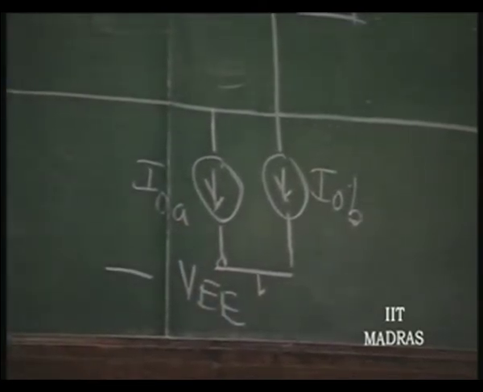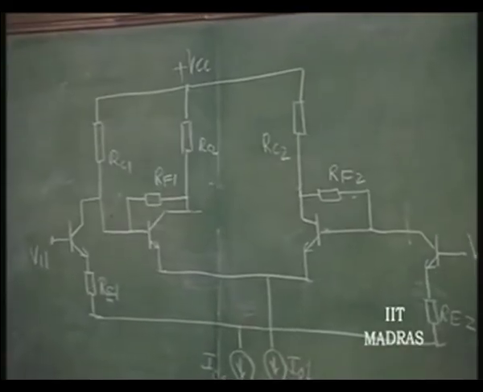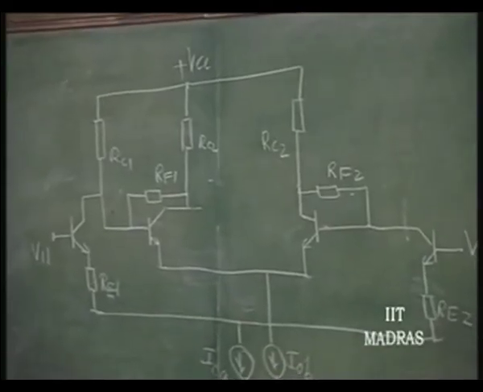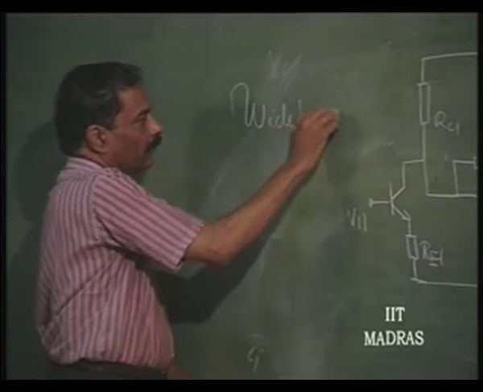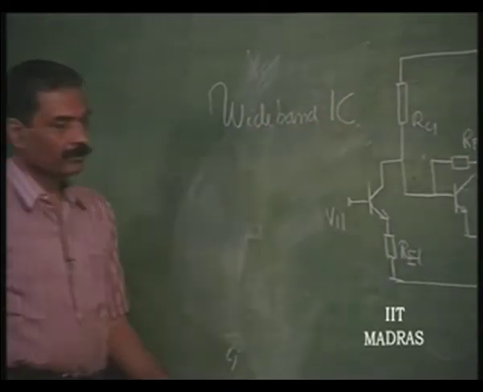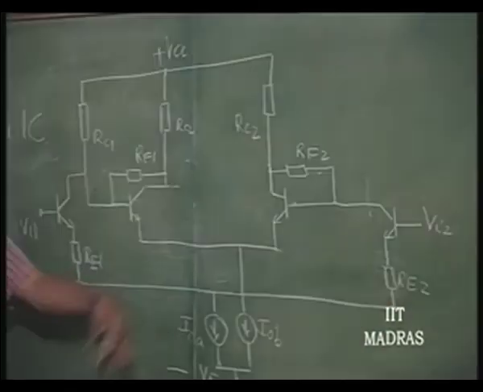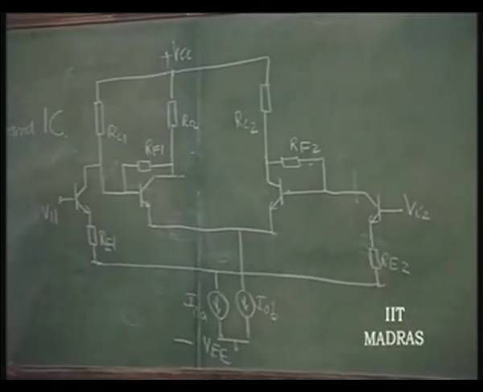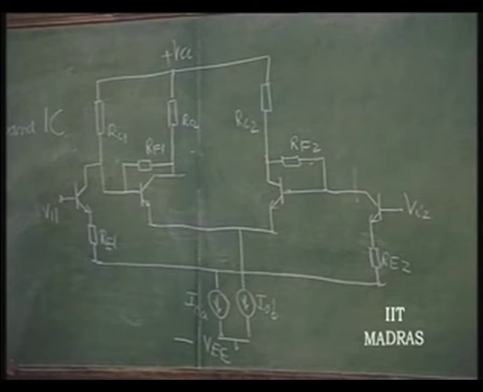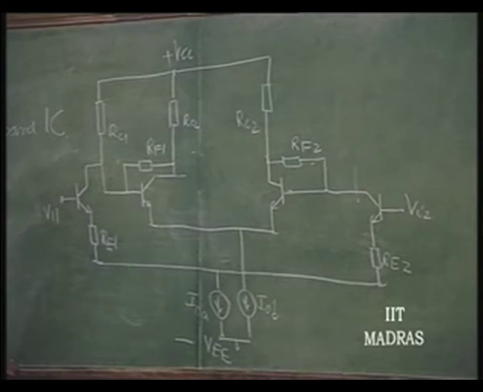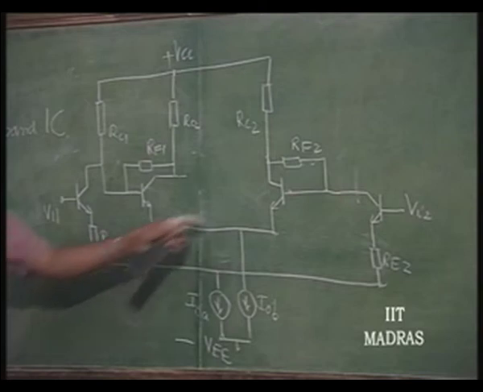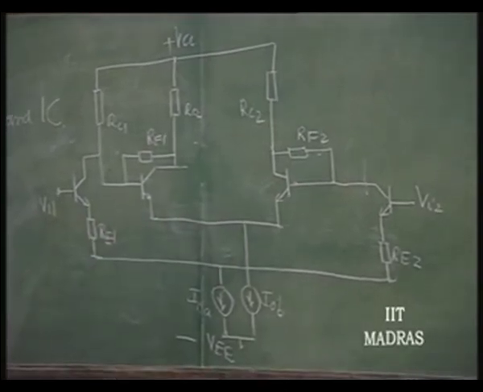So, this becomes a wideband IC. These current sources once again can be obtained by using current mirror techniques which we have talked about. So, again these can be represented by transistors.